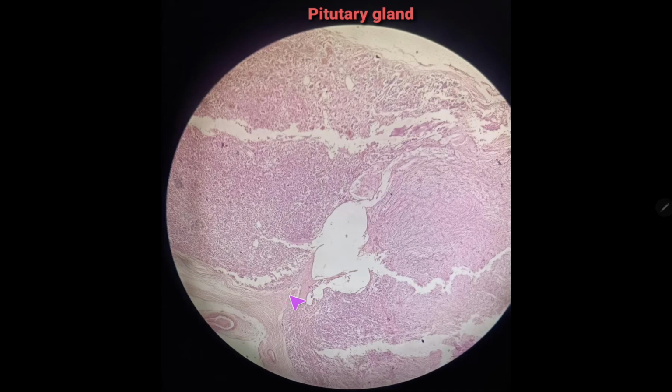This pars intermedia is the remnant of the hypophyseal pouch, and it is rudimentary in human beings, but it is prominent in other mammals.